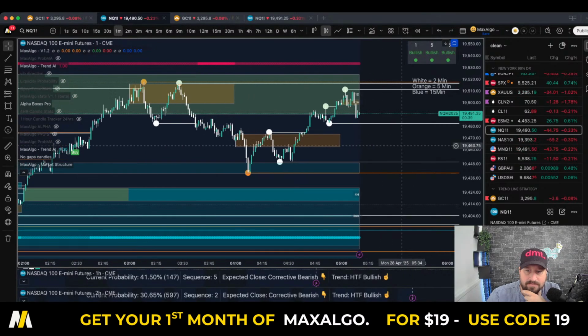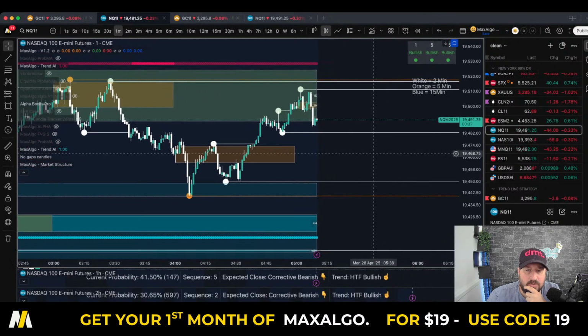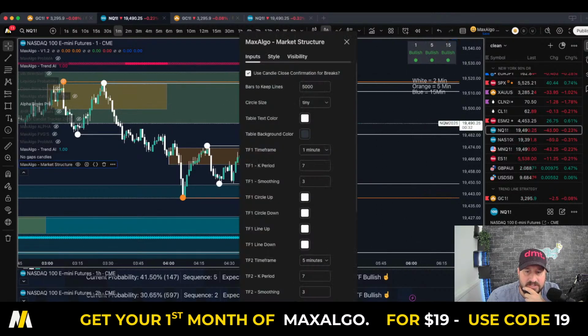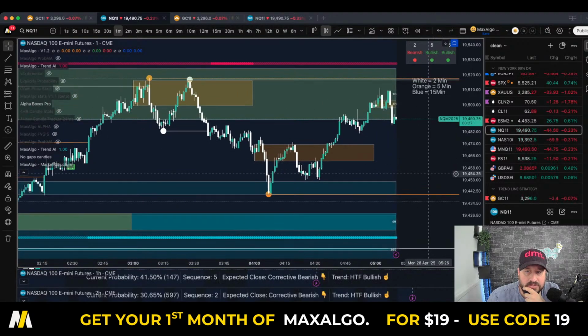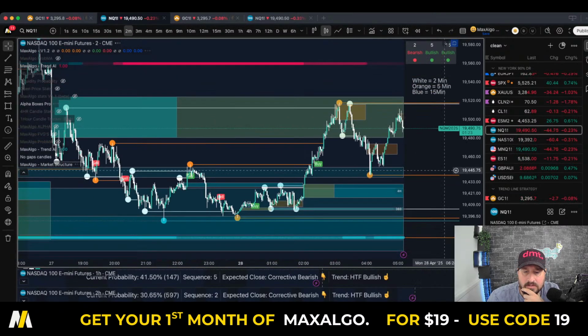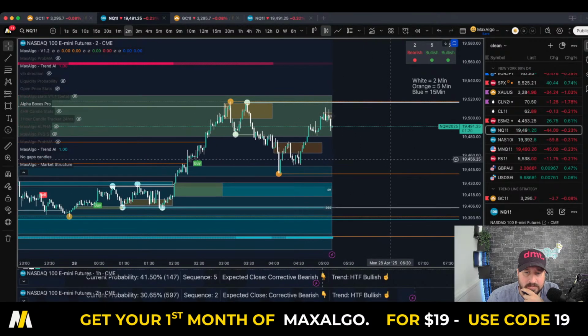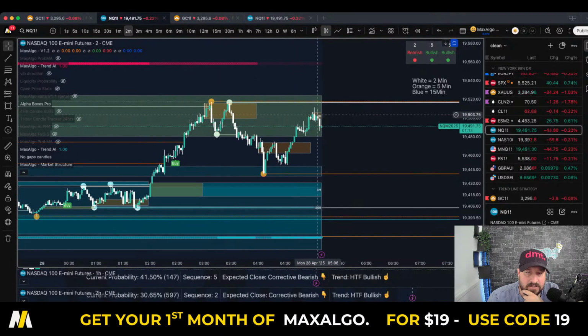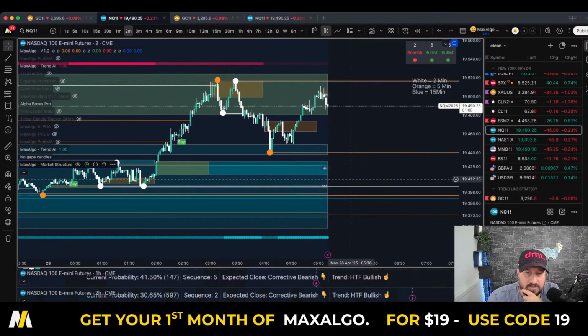Still in structure. Right, here's our 1 minute structure. We can change this back to 2 minute just to give it a little bit of space. And our 2 minute aligns with our 5 minute at the moment, right? Currently bearish on the 2 minute, which we've come up to, rejecting from here, which could be an indication that maybe the 5 minute low is going to go.